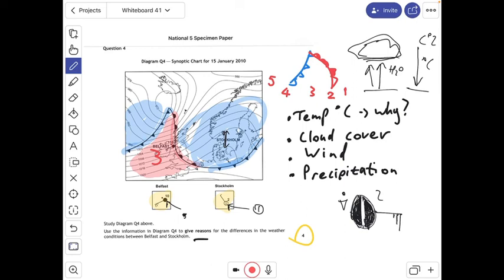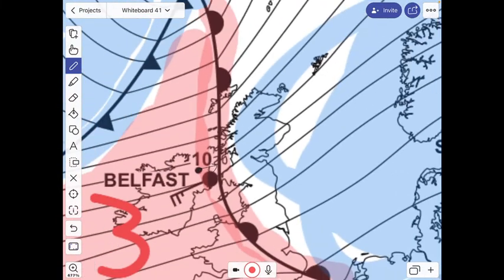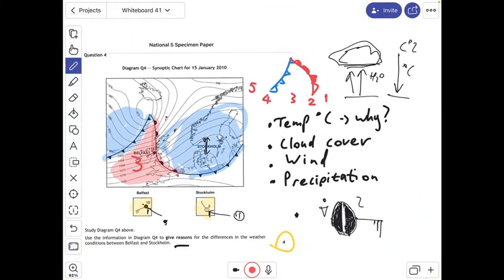Precipitation. There is rain. Now just a dot means rain. It is raining in Belfast because Belfast is right on, see where that little dot is here? That's Belfast, and it's right next to that warm front right there. So Belfast is experiencing rainfall as it is on a warm front right now.